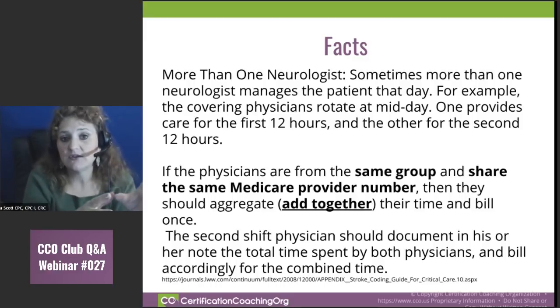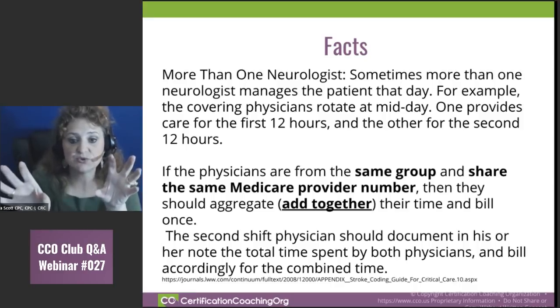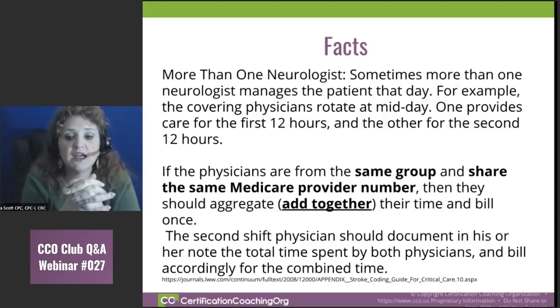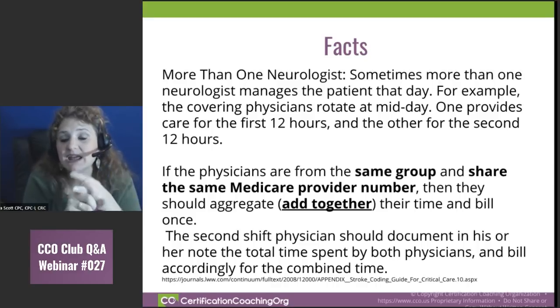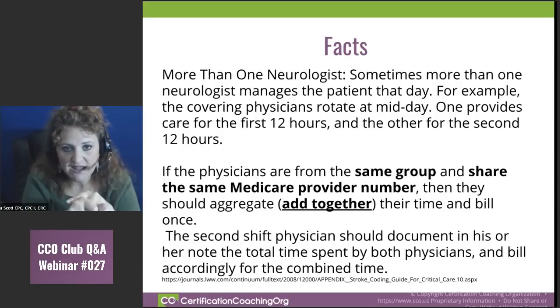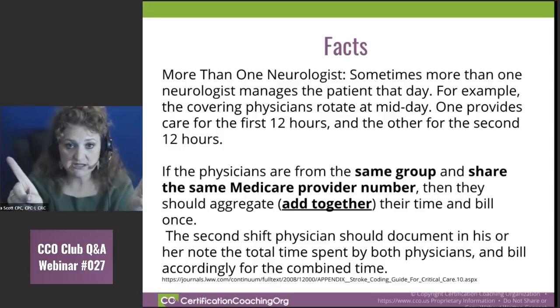Even if you had two neurologists working two separate shifts, like the morning 12 hours and then the next 12 hours, they're working together. What would happen if they meet this criteria? They're in the same group and they share the same Medicare provider ID number. If they don't share that same ID number, then they're separate and they're going to bill separately.